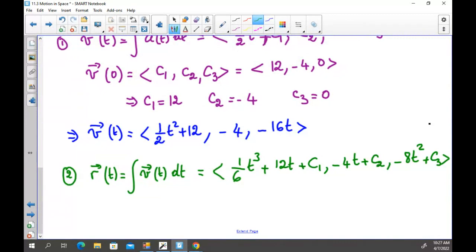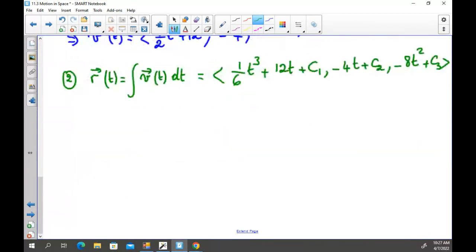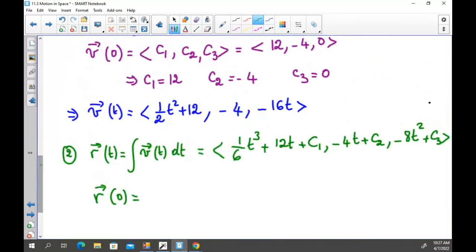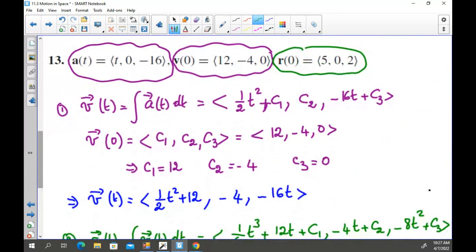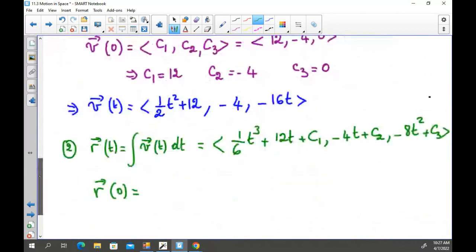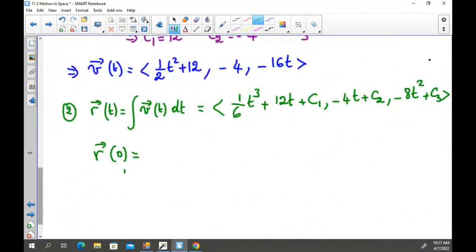Okay, and then we're going to use r of 0. By the way, it's not always 0, they can give you different values. Here they're doing it with 0 all the time, but it could be t equals 1. So r of 0, we substitute t equals 0 in this equation.